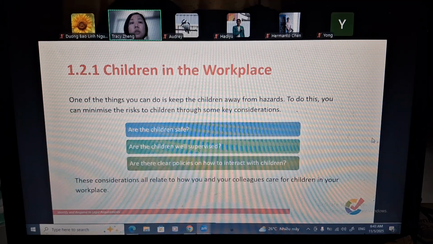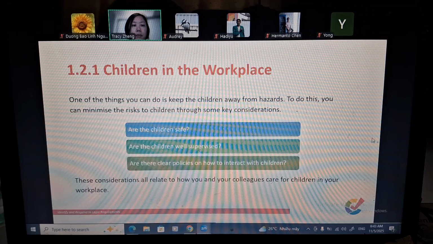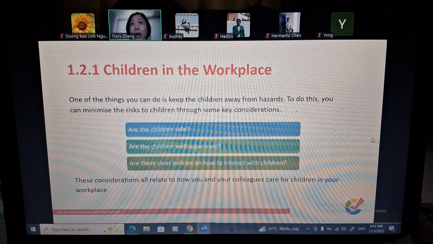So we need to remind their parents to supervise their kids. And also check the clear policy on how to interact with children. If you see any kids in your facility, it doesn't mean that you can take them out of the facility without informing anybody. How you interact with children would also be clearly outlined in your organization's policy and procedure.